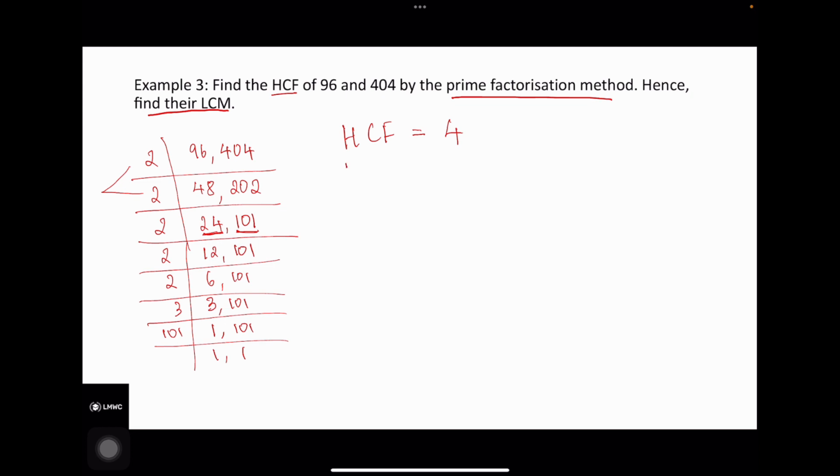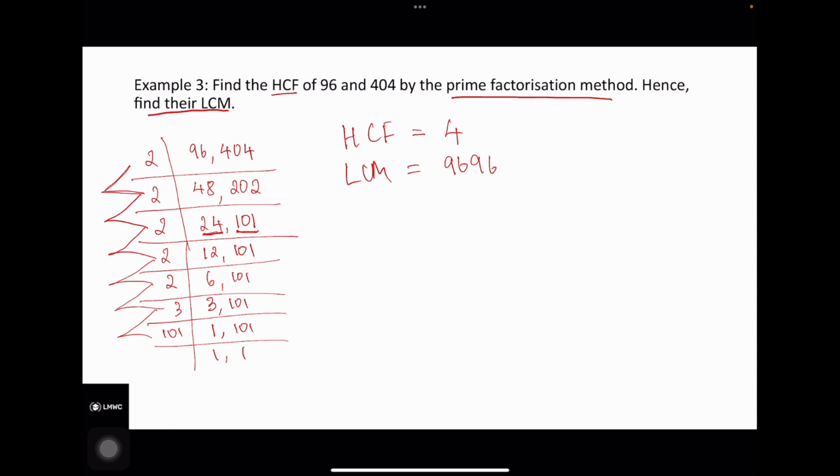Now my LCM is 2 times 2, 4, 4 times 2, 8, 8 times 2, 16, 16 times 2, 32, 32 times 3 is 96, 96 times 101 is 9696. So the LCM I have got using the prime factorization method is 9696.